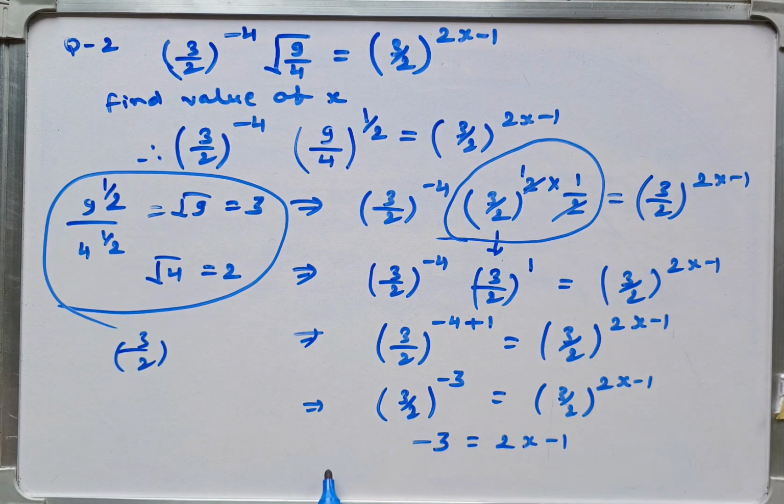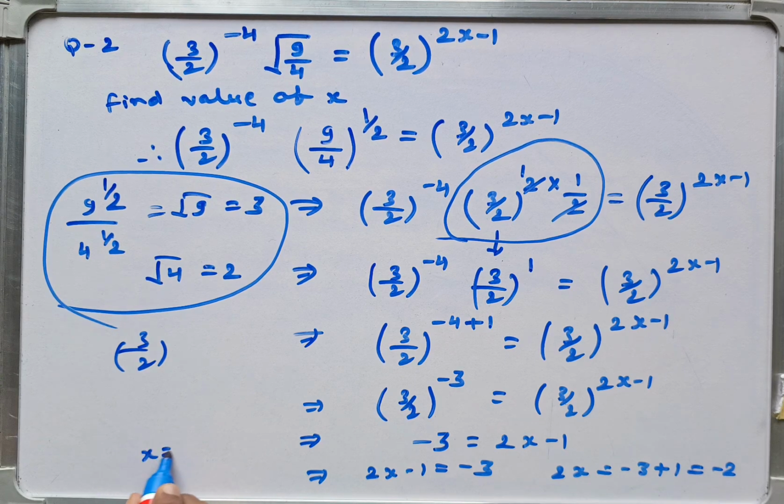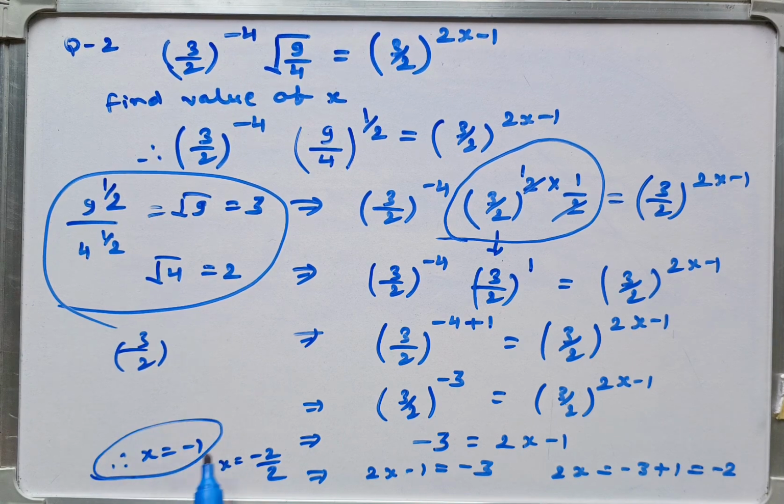So finally 2x minus 1 equal to minus 3, or 2x equal to minus 3 plus 1, which is minus 2. Finally x equal to minus 1, because x equals minus 2 by 2. So this is our solution.